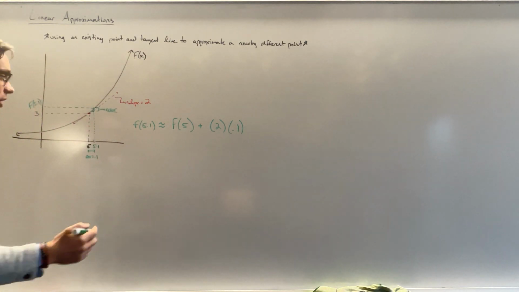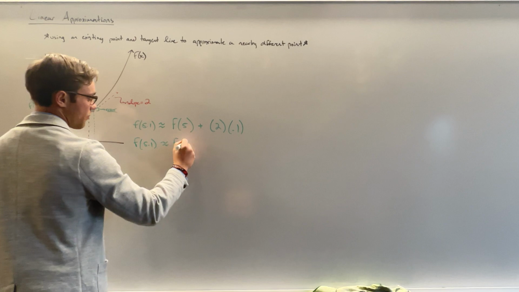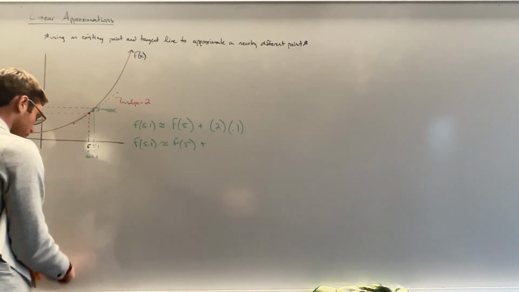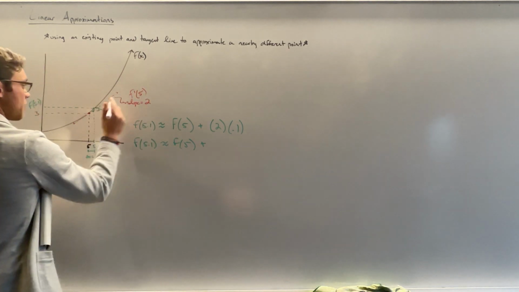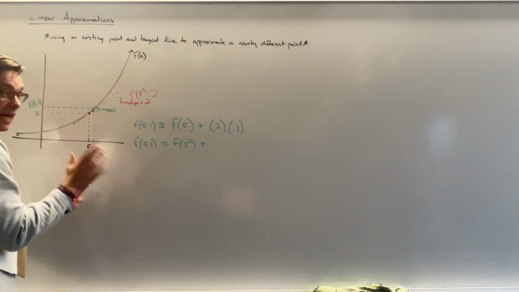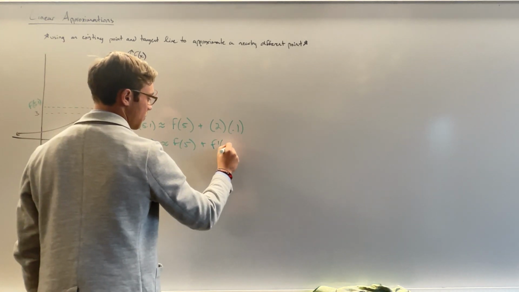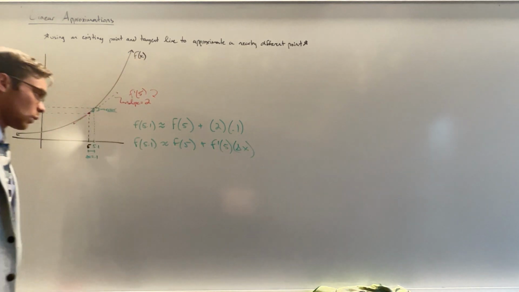So if we generalize this a little bit more, f of 5.1 is about equal to f of 5 plus 2, the slope at 5. We can call this f prime of 5, the slope at 5, which we just decided to be 2. So this could be f of 5 plus f prime of 5 times delta x.